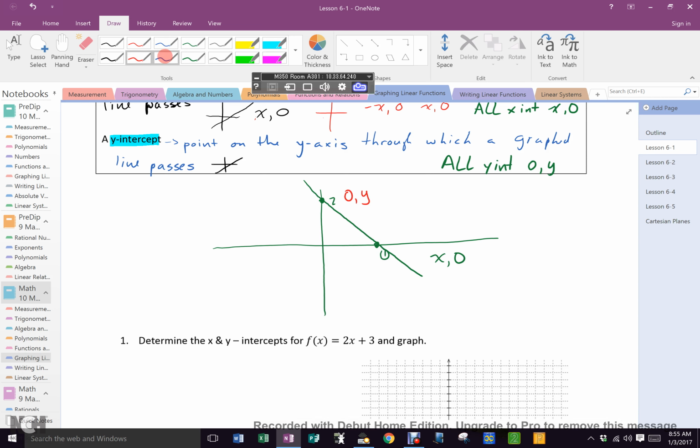Now, if I told you that this had a graph of x plus y equaled 7, could you tell me the x and y intercepts? Why? Because you have everything you need, don't you? If I wanted the x-intercept, what would I do there?